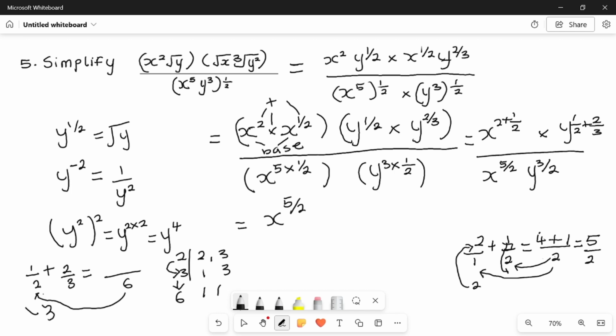And we'll do 3 times 1, we'll have 3. Similarly, if we do 6 divided by 3, we'll have 2. And if we do 2 times 2, we'll have plus 4. So 3 plus 4 will give us 7 over 6.